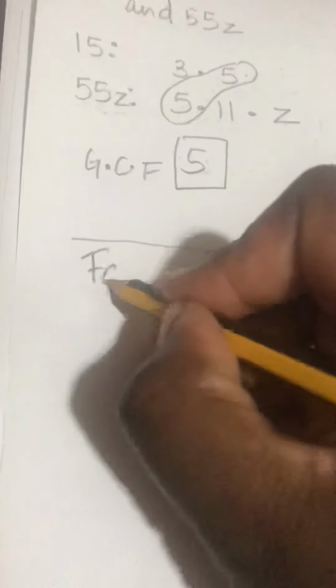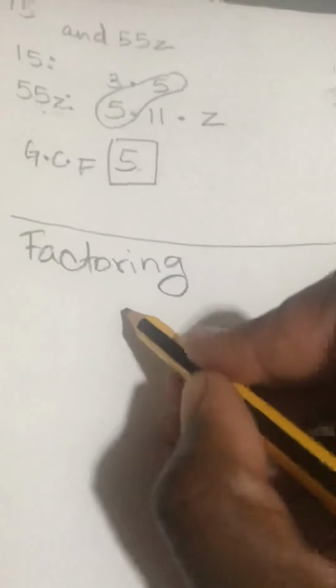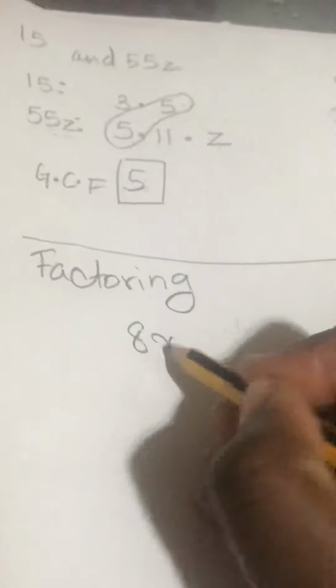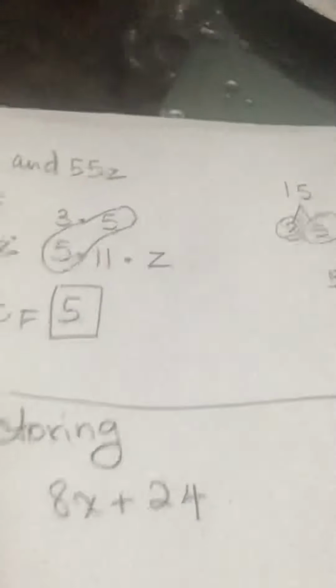So now you will need that to do factoring. Okay? So we want to do factoring. You have a question that says 8x plus 24. So you have to do step 1, find the greatest common factor.